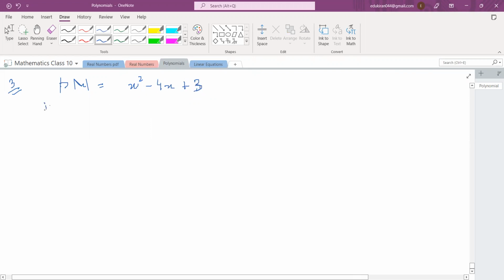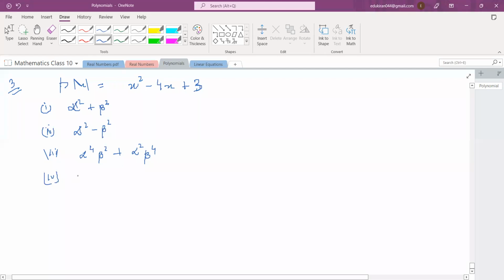Now different values can be asked. You can be asked to find the value of alpha square plus beta square, right? And then you can be asked to find the value of alpha square minus beta square. Then alpha 4 beta square plus alpha square beta 4, like that.